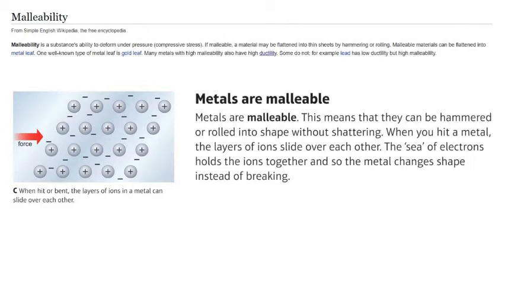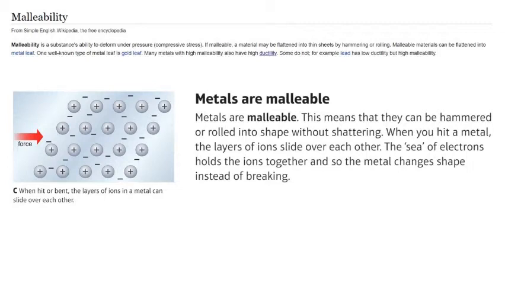Now remember, we don't just want to remember a list of properties for metals, we want to explain why they have those properties using our knowledge of how the metal is bonded together. So the reason that a metal is malleable and can be hammered into a different shape without shattering or breaking is because of the arrangement of the particles.